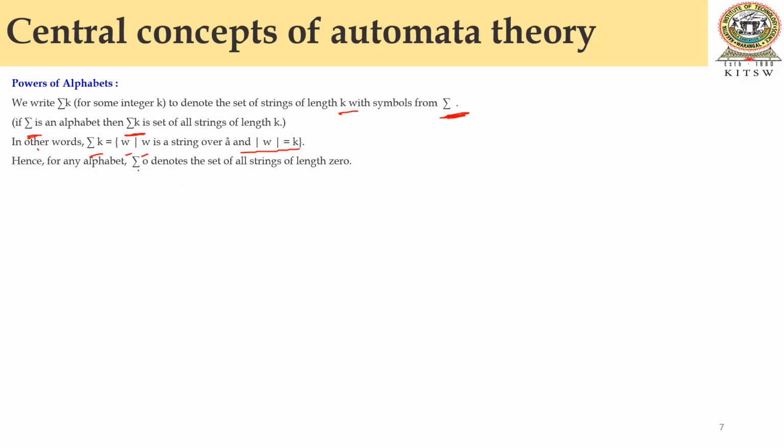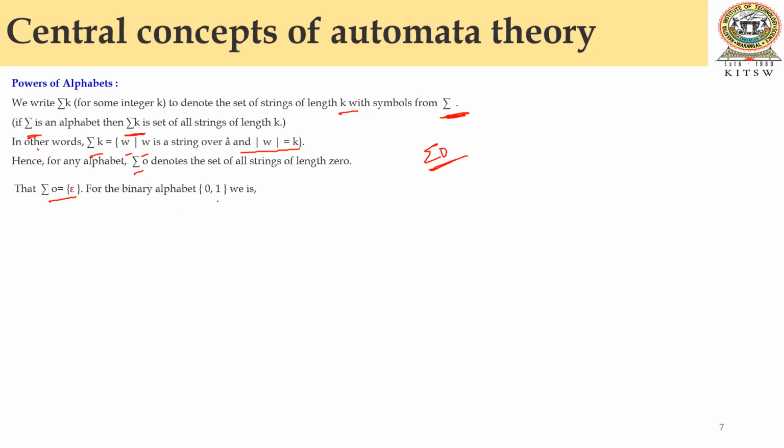So for any alphabet, sigma 0 is of length 0, because sigma 0 means there are no characters inside. Generally we denote sigma 0 equals epsilon.